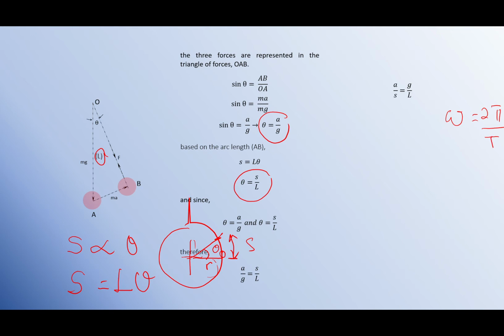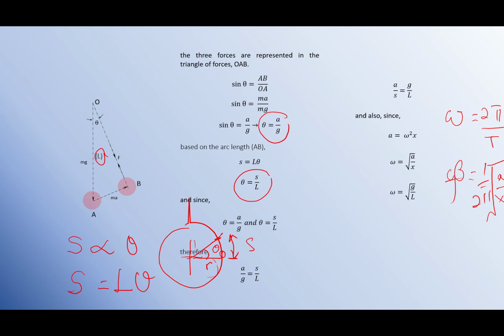And also we know that the frequency is equal to 1 over 2 pi times the square root of acceleration over displacement. So from this we have the circular frequency is equal to the square root of A over X.